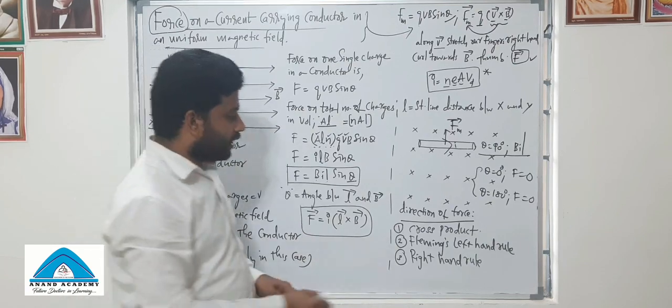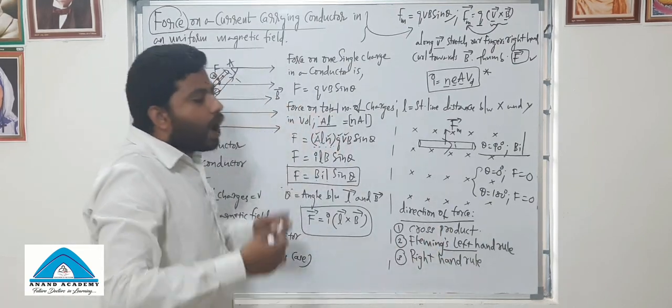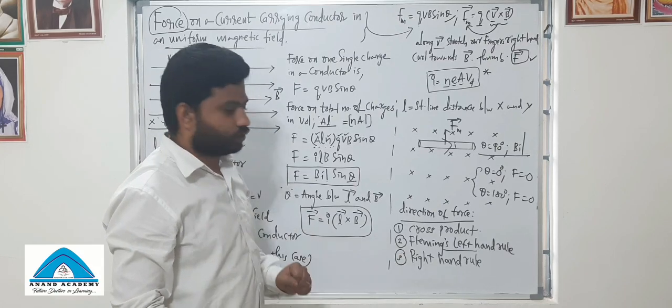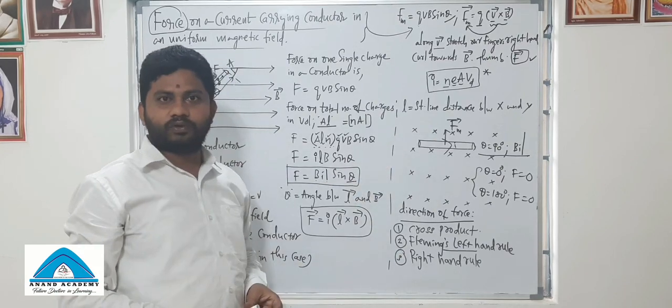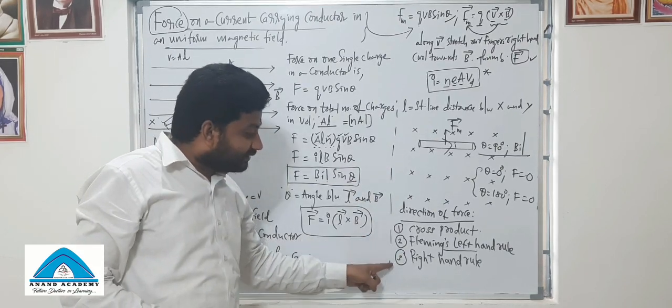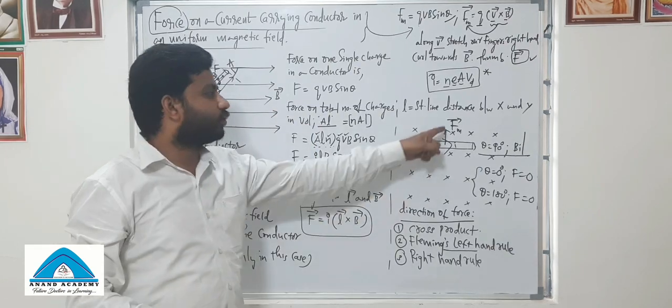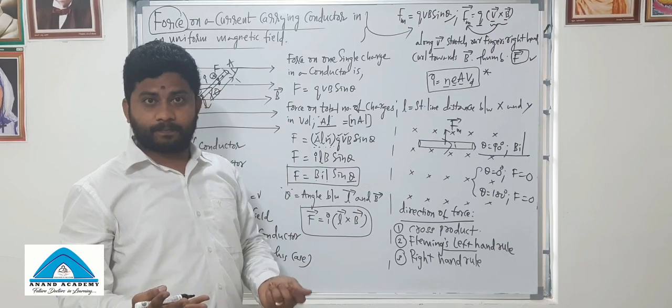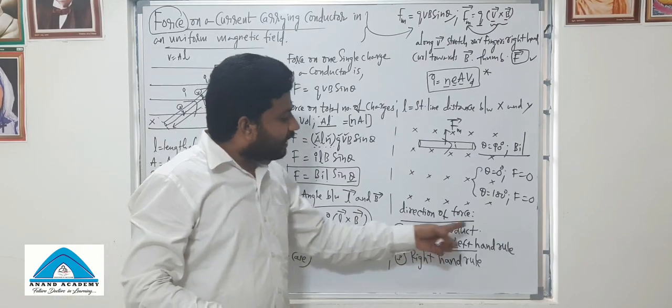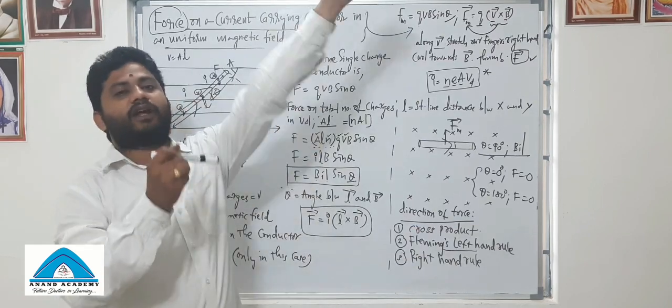field, right? Now, Fleming's left hand rule. How is Fleming's left hand rule used to find the magnetic force? By using these three rules, we must get the same magnetic force direction. Otherwise, it's wrong. Check. So this is the left hand rule.